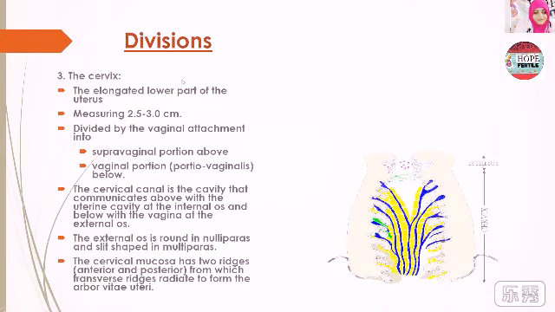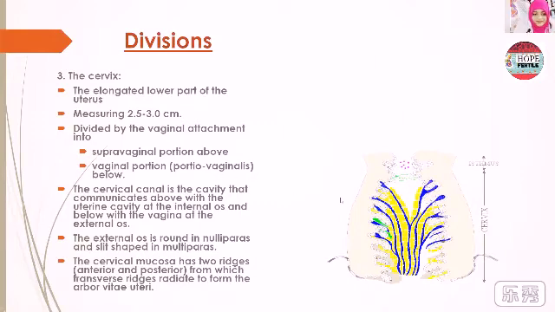And the cervix, which is the main thing to study, is the elongated lower part of the uterus, measuring 2.5 to 3 centimeters, divided by the vaginal attachment into supravaginal portion above and vaginal portion, portio vaginalis, below.